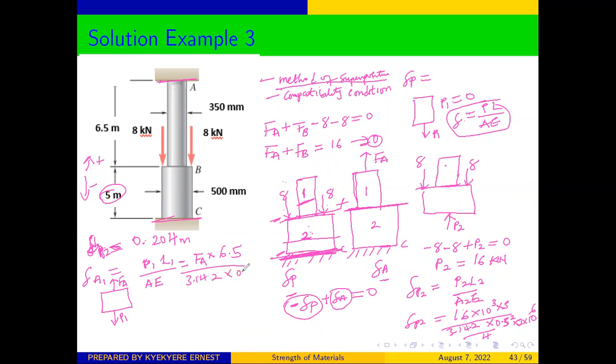We know the diameter to be 350 millimeters, so we change to meter squared, all on 4 times the modulus of elasticity, which is 2 times 10 to the power 6. And from there, that deformation is going to give us 3.378 times 10 to the power -5 FA.